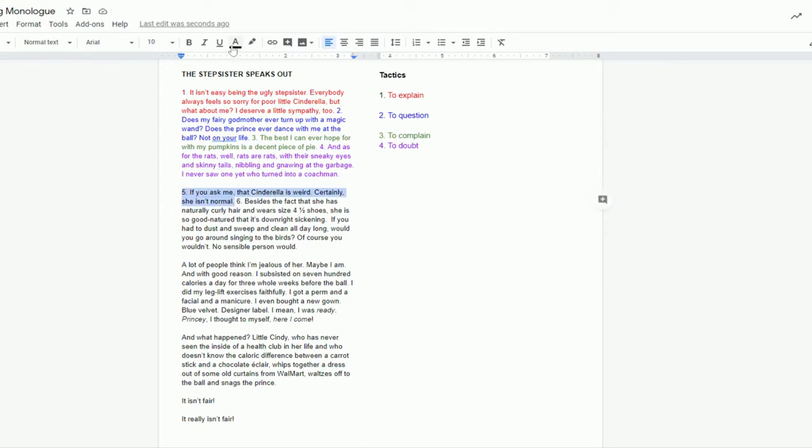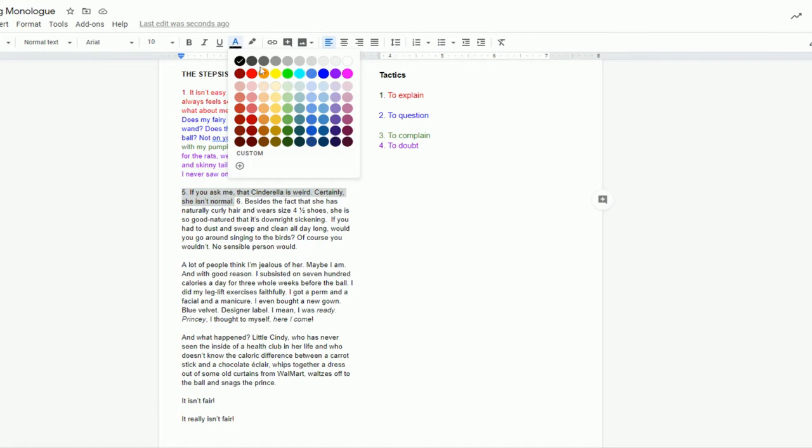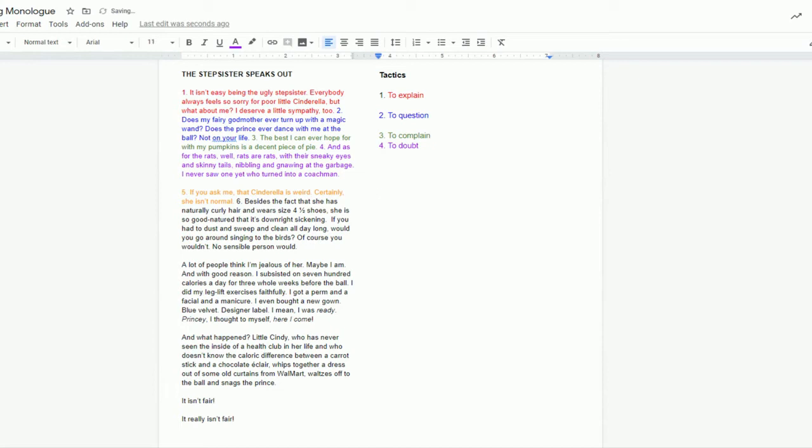So this one, I'll color it orange because we don't want to confuse it. It's not the same as this one here. So again, we're going to have it be orange. And it's beat number 5. So she said, if you ask me, that Cinderella is weird. Certainly she isn't normal. And what is the stepsister doing right there?